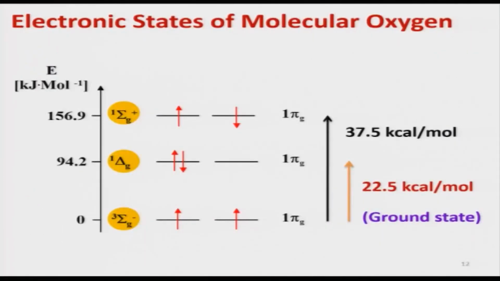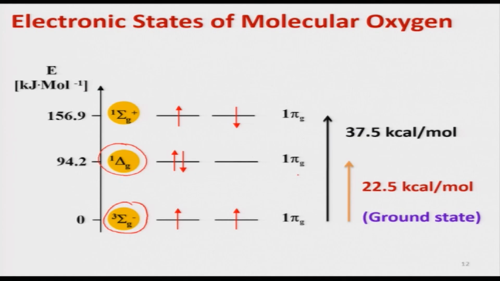Let us look at the electronic states of molecular oxygen. The ground state is a triplet state, 3Σg. The first excited state is a delta state, which is a singlet, 1Δg.